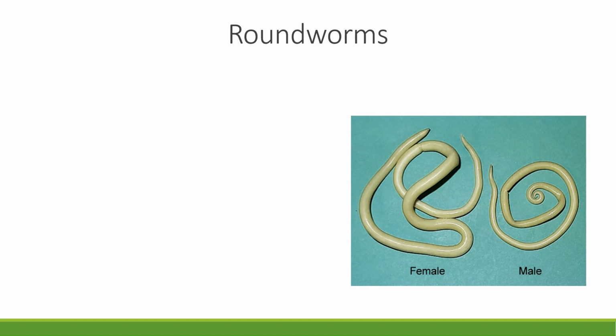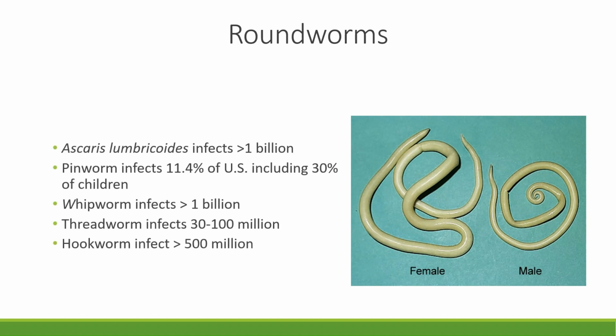This slide is going to cover several roundworms that do cause infections. This includes Ascaris lumbricoides, which infects over 1 billion people. Pinworms affect about 11.4% of the US, including about 30% of children.